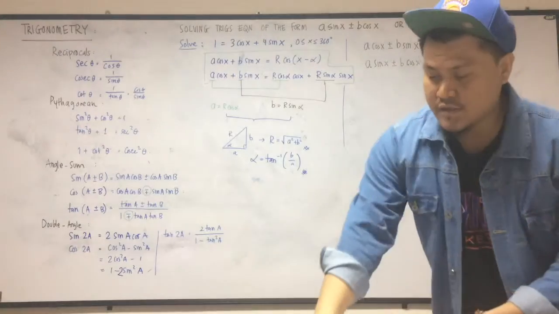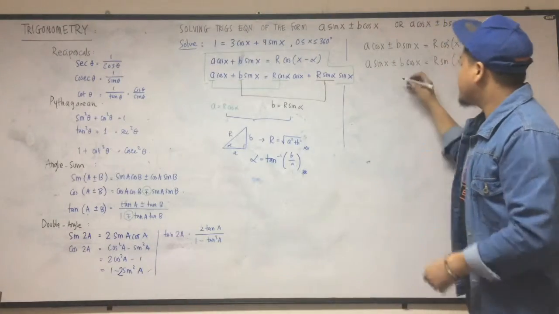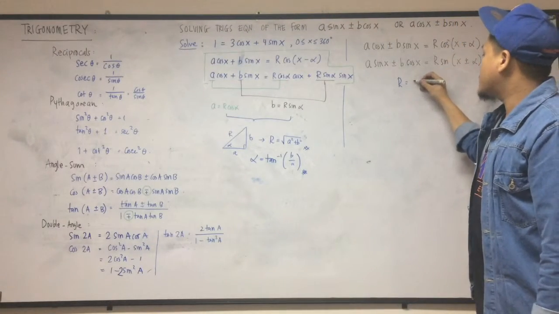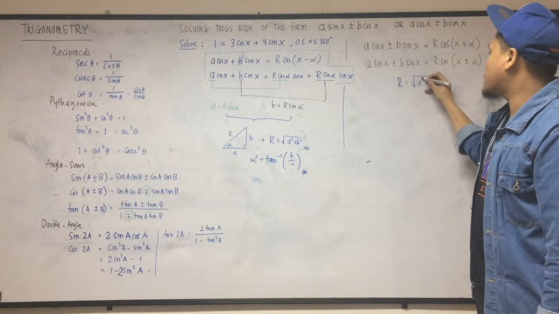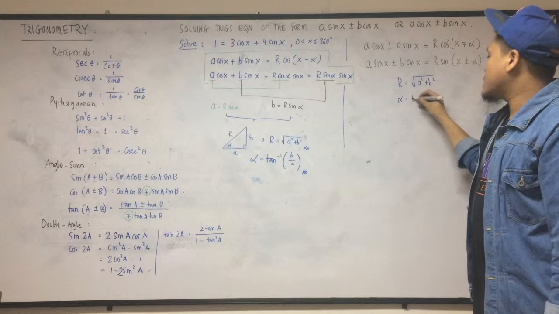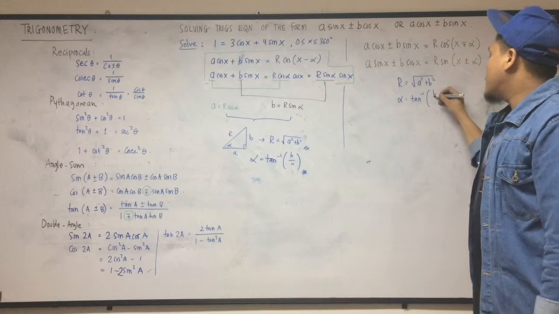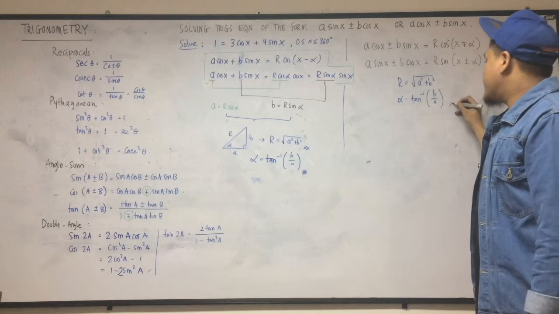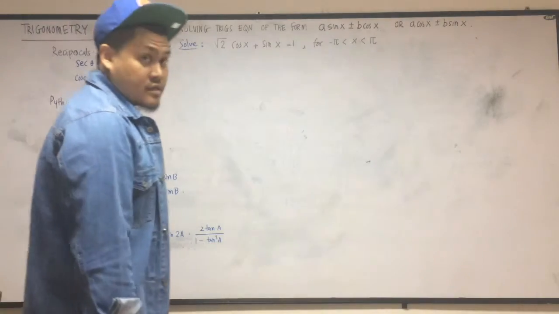And your r in this case would be the square root of a squared plus b squared, and then your alpha would be equal to tan inverse of b/a.